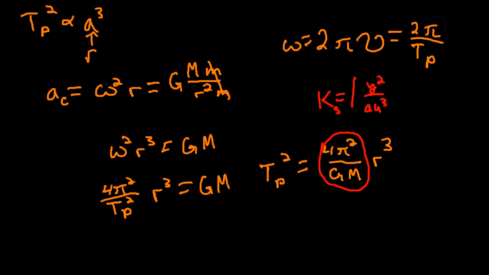Now, this term right here is often just stated as some sort of constant, and for the sun, it is equal to 1 year squared per astronomical unit cubed.